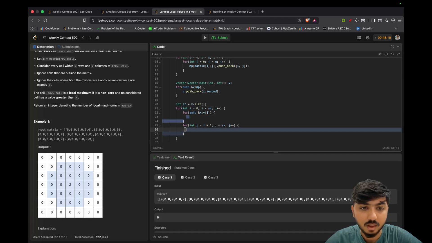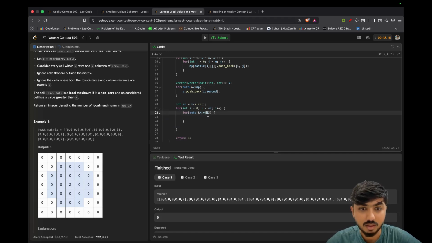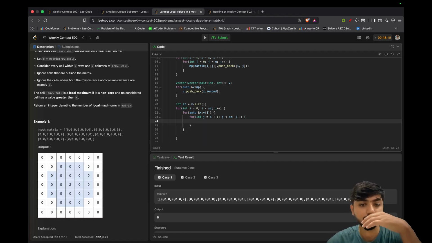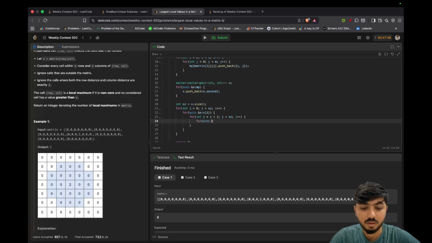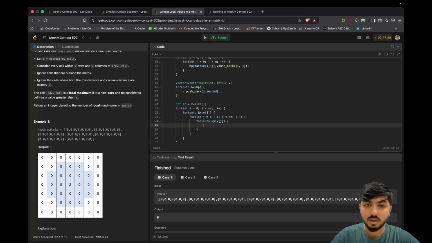Okay. Now here, for this point, for auto ampersand y over v of j, for all these points I need to check.